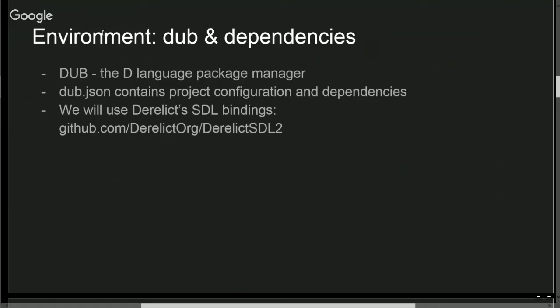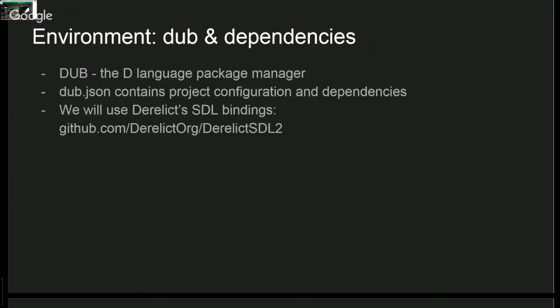So the environment we will use is Dub, which you're probably familiar with, the language package manager. As you probably know, dub.json contains the project configuration where you can set up your dependencies and things like that.